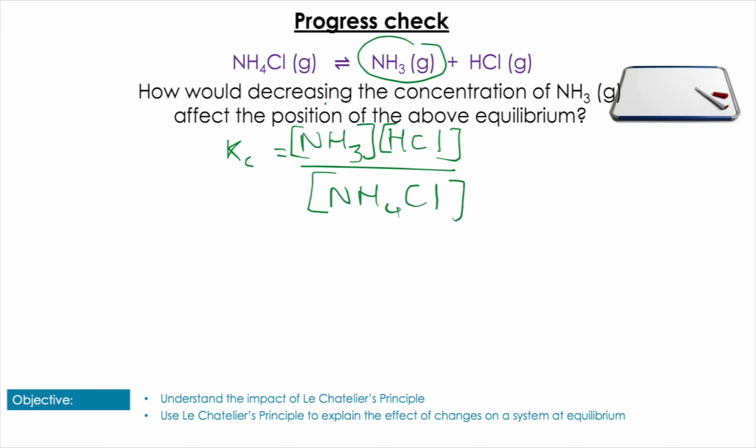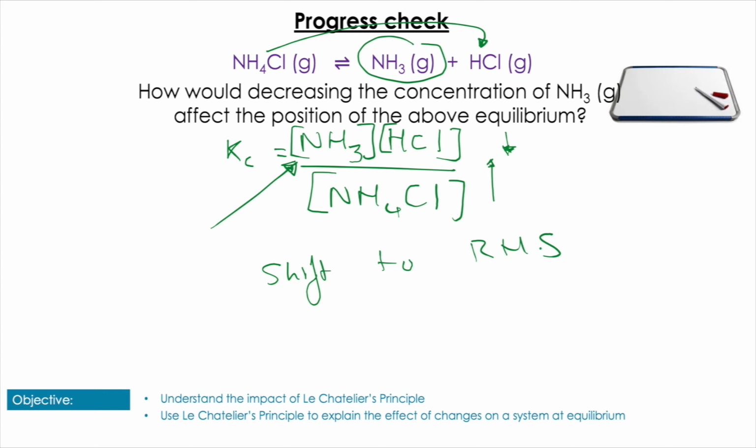Now we're suggesting decreasing one of the products, which is on top of the reaction, and so therefore if we decrease that, the reactants are going to shift to replace that. Remember, always remember Le Chatelier's principle. It's going to shift to balance out for Kc.